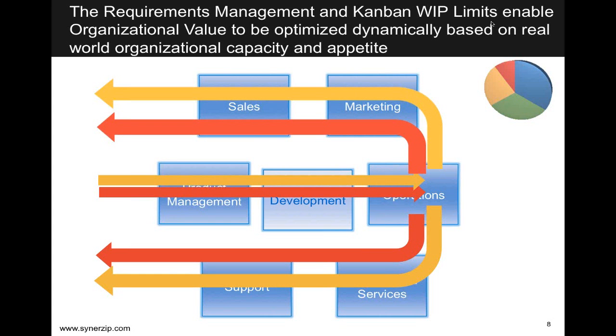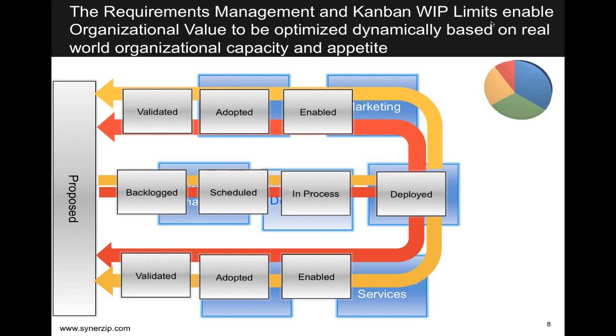So to recap, we've got our requirements segmented by typically stakeholder concern, which will have different impacts on different areas of the organization. We've overlaid a Kanban that allows us to track where that business value realization is through the organizational process.